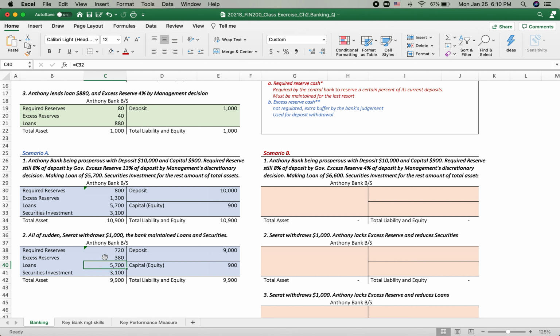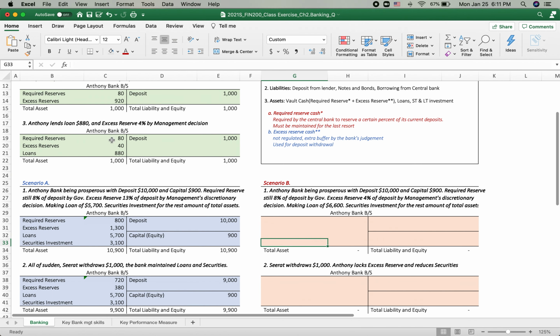Again, you have to keep in mind that the required reserve has been reduced from 800 to 720 because the deposit amount is also reduced. So you cannot calculate $1,300 minus $1,000 simply, because now we have a different required reserve. So the excess reserve is calculated by this plug-in. Okay, good. Now let's move on to scenario B.